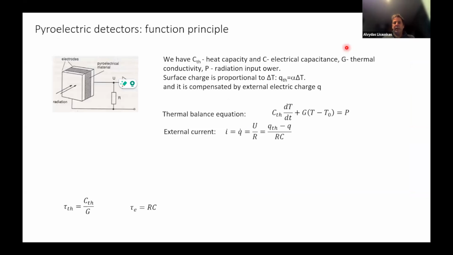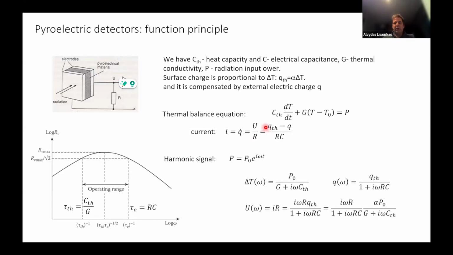Now, if we have a detector, we must also start with a thermal balance equation, which is very much the same here, only the external current is now written as a variation of voltage over resistance, plus the charge created by the thermal variations here.